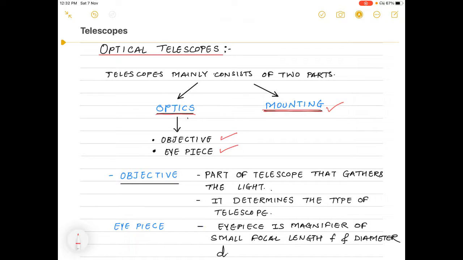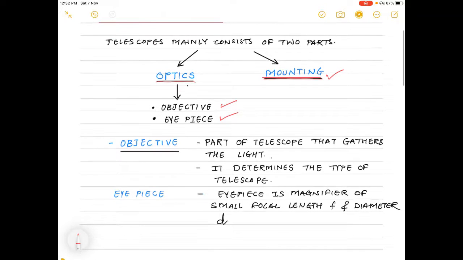Today we'll see the optics, and depending upon different types of optics, how there are different types of optical telescopes. In optics there are two major parts, the objective of a telescope and the eyepiece of a telescope.